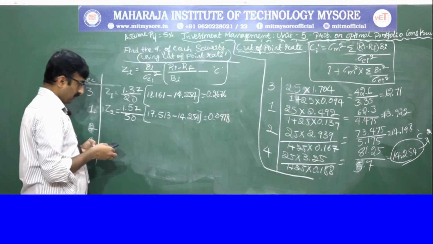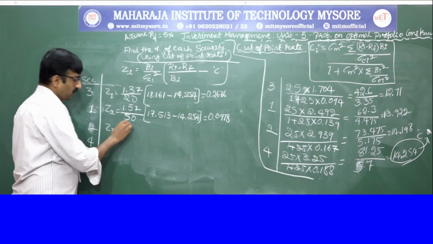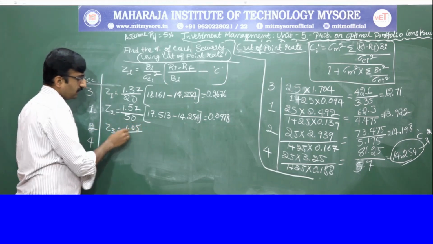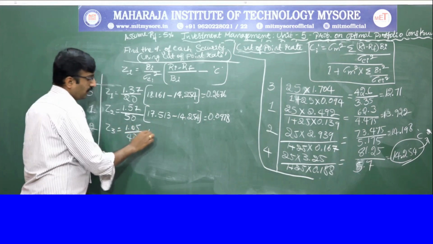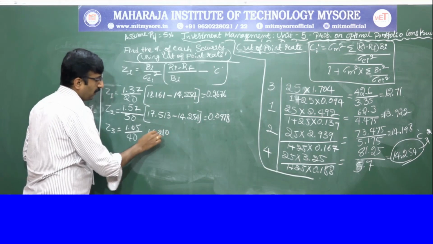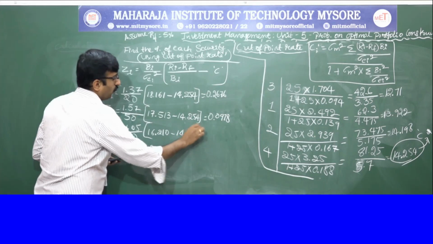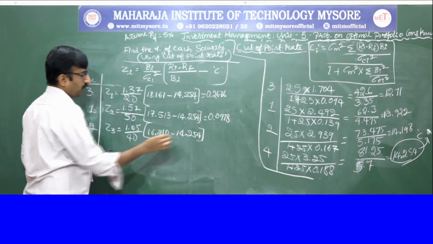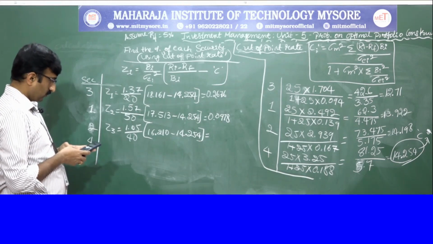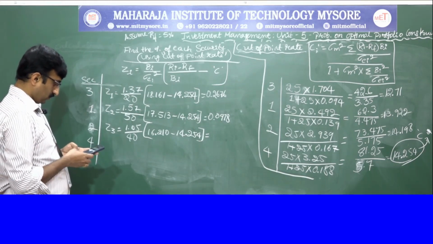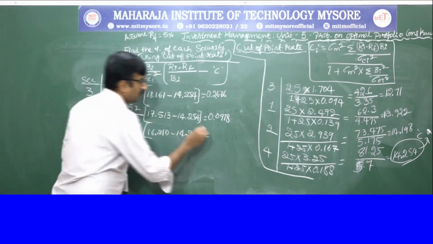Next, security 3 is equal to 1.05, the beta of that one, and standard deviation ei square they have given 40, and 16.210 we have minus 14.254. If you do, you will get 0.0513.